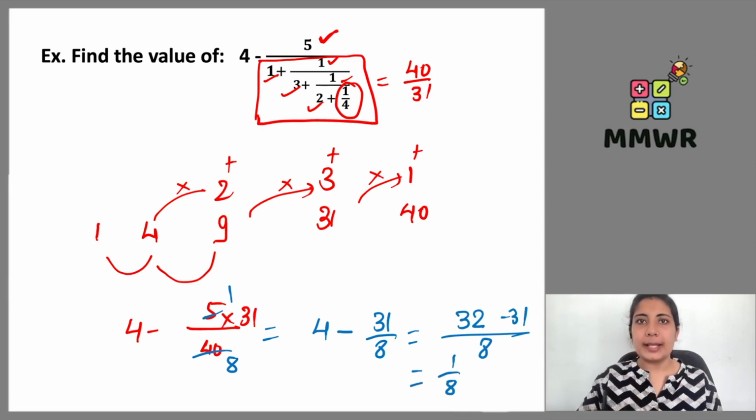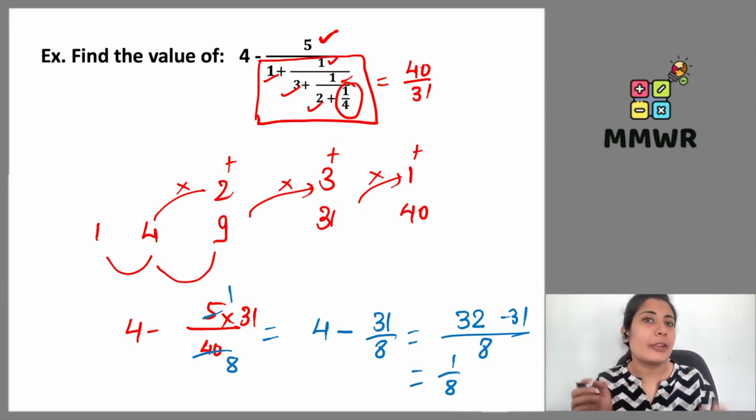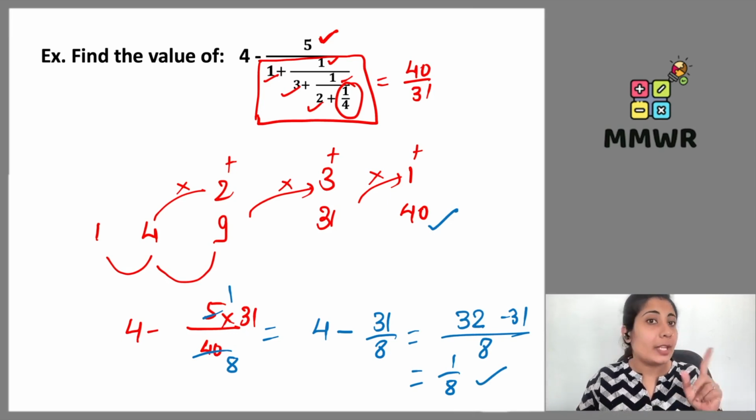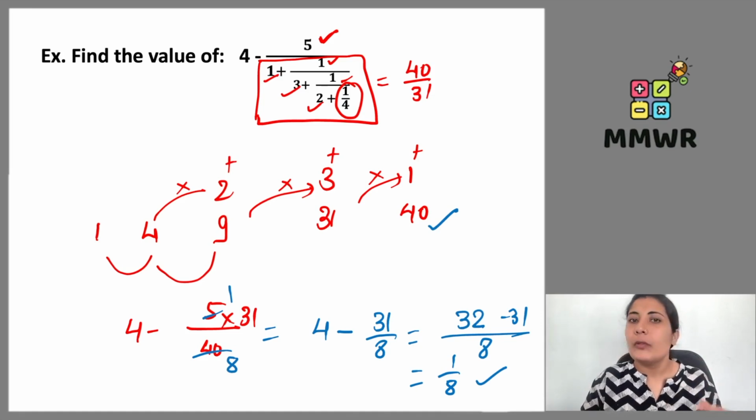So after simplifying the complete continued fraction, we got the final answer 1 upon 8. इतना जो था 40 upon 31, we were getting only for which is written into the denominator of 5. Then we had 4 minus 5 upon that denominator value, which is 40 upon 31, and after simplifying this we got the final answer 1 upon 8.